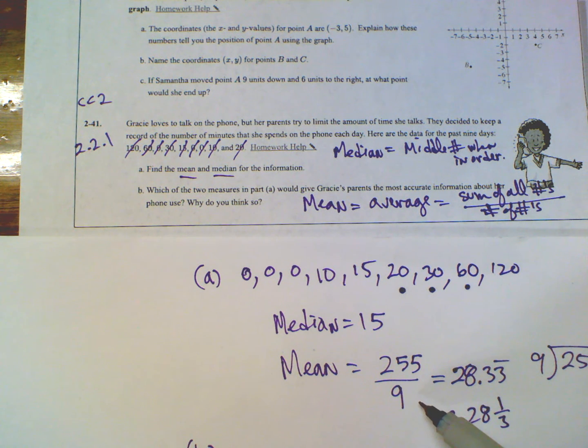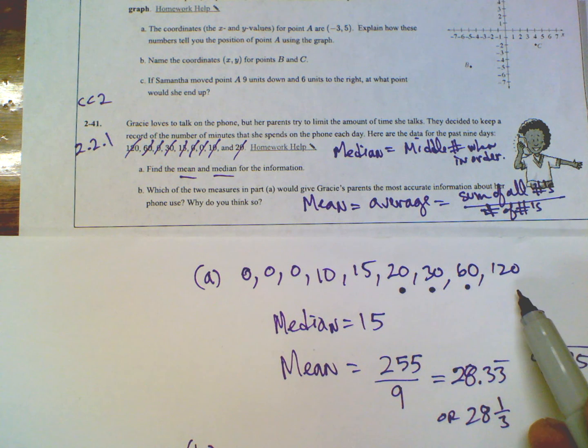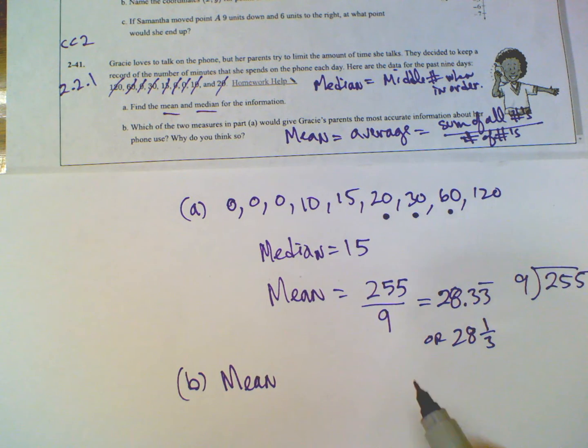When we think about her phone use, we're talking about the number of minutes used. In this case, the mean would be the best, because average talks about the total divided by the number of days. So if they knew the mean, they could find the total number of minutes. It also gives us a sense of how much each day on a daily basis. What do we expect?